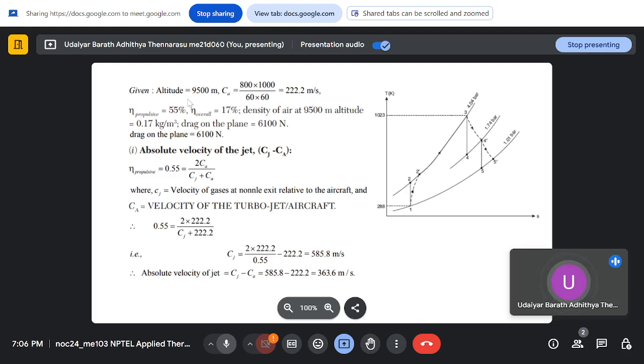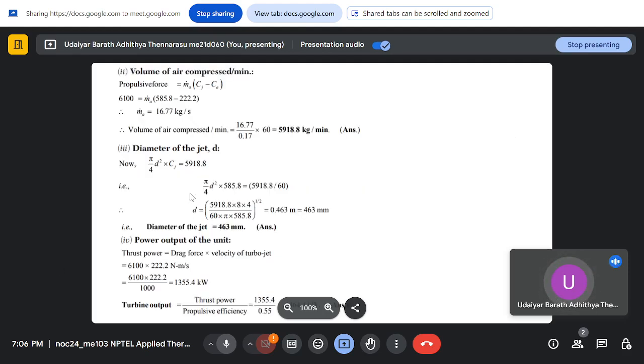So 0.55 equals 2 times 222.2 divided by the jet velocity plus 222.2. Rearranging it, the jet velocity comes out to be 585.8 meters per second. So that is my exit velocity of the jet. The absolute velocity is the difference Cj minus Ca, which comes out to be 363.6 meters per second.